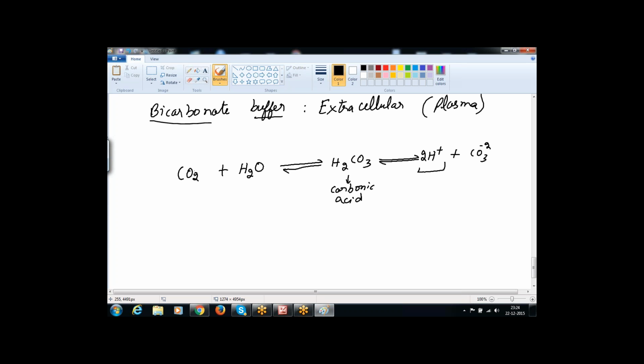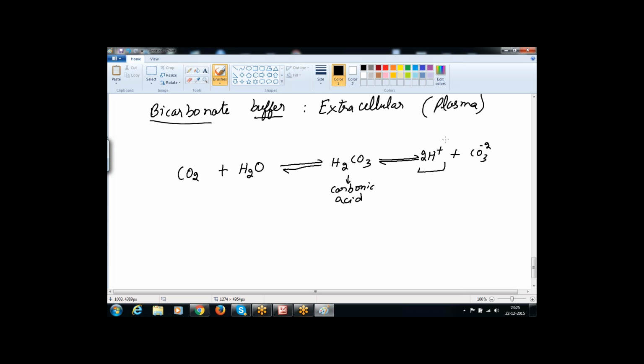So more carbon dioxide will dissolve in water to form carbonic acid, and more carbonic acid will produce more H positive. That means we will exhale less carbon dioxide. Whatever we usually exhale, we will be exhaling less than that. More of the carbon dioxide will be retained in blood itself, and it will form carbonic acid, producing more H positives.